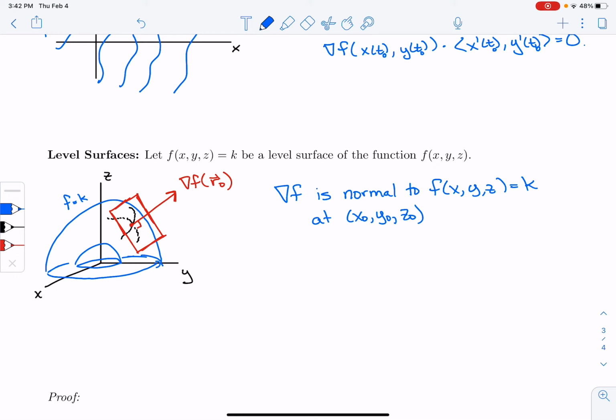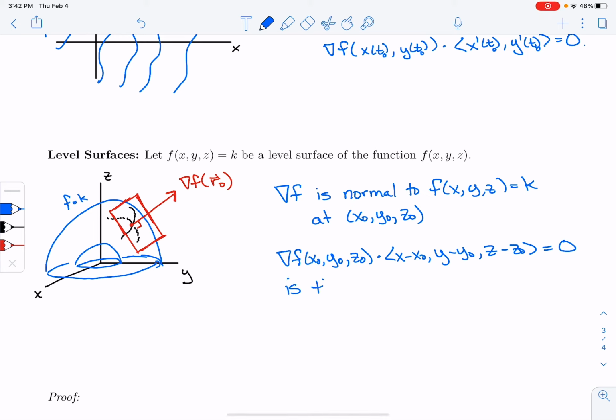So that means that the gradient of f at x0, y0, z0, if we dot that with x minus x0, y minus y0, and z minus z0, then we're going to get 0. That's coming from the fact that the gradient is perpendicular to that surface. And so that is the equation of the tangent plane.